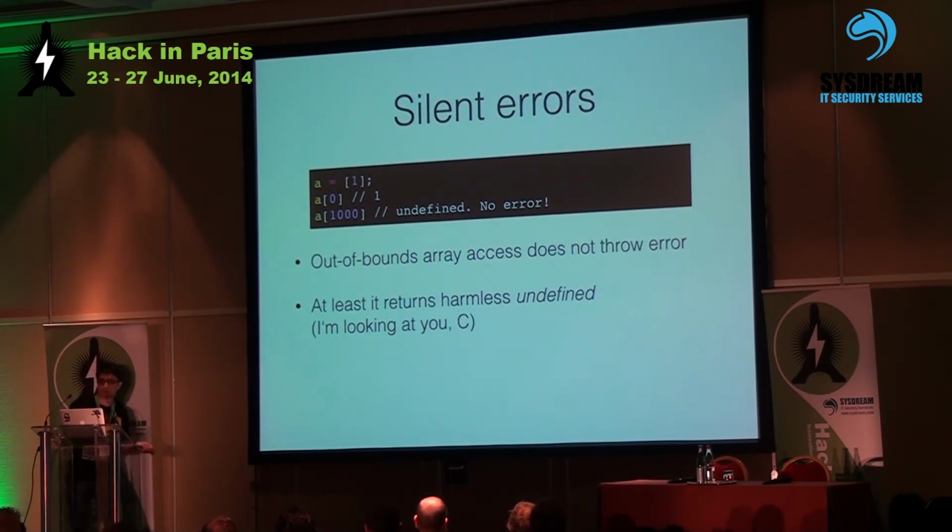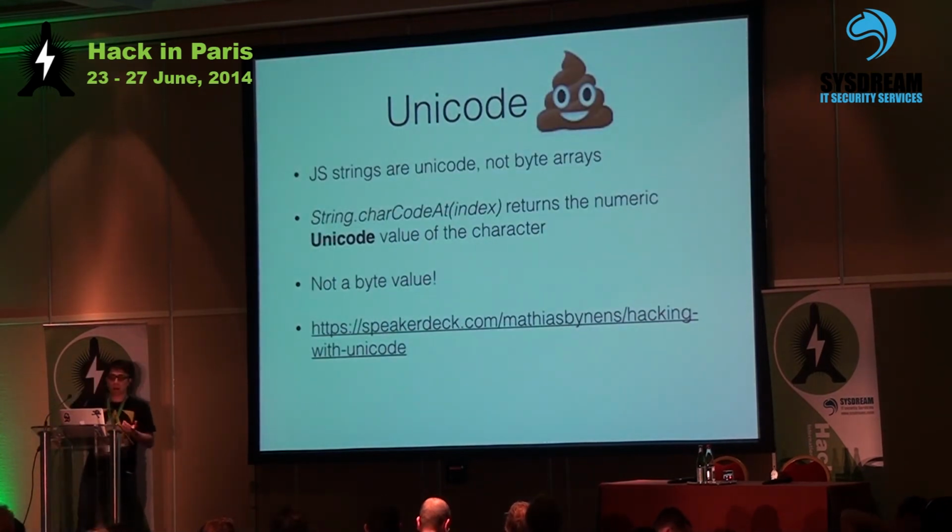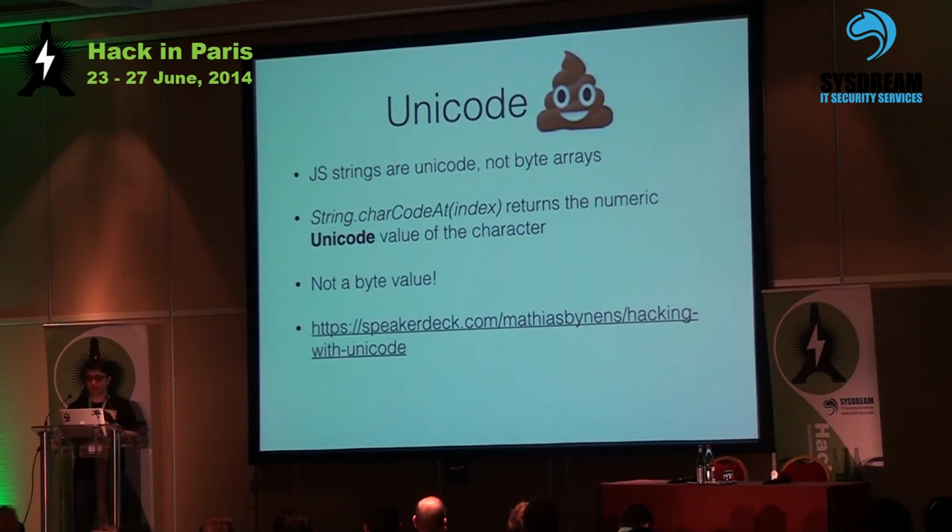Let's combine that with the other thing, which is completely different. You have this thing called Unicode, and JavaScript strings are actually Unicode, so every character is not an ASCII value or something whose character code is less than 256. Every character can be a Unicode code point.